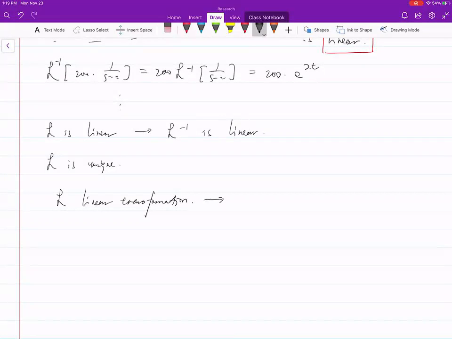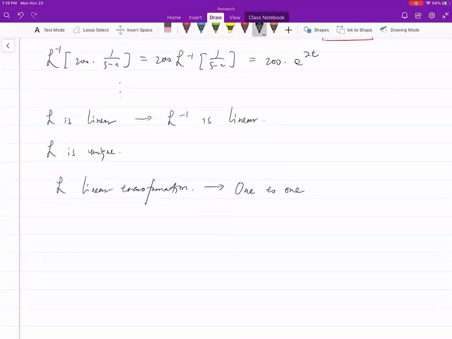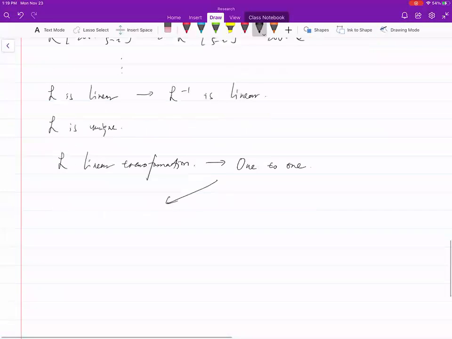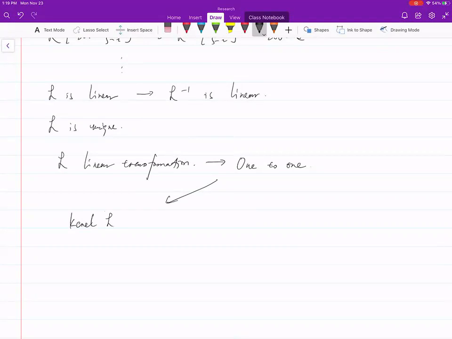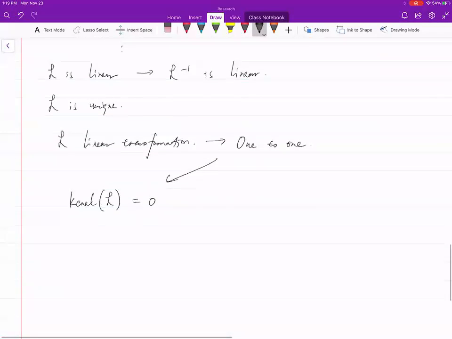If you want to show it has an inverse, you just need to show this one is 1 to 1. How do you show a linear transformation is 1 to 1? Because it's linear, you just have to show the kernel space is just the vector 0. That's all you need to show.